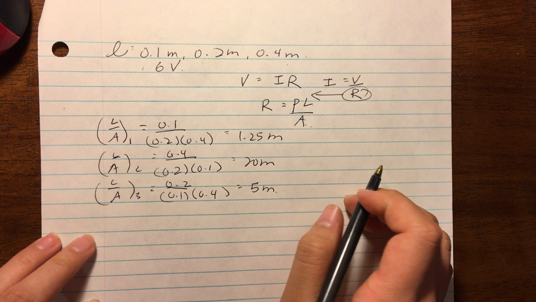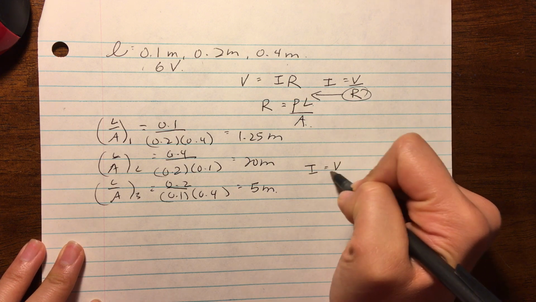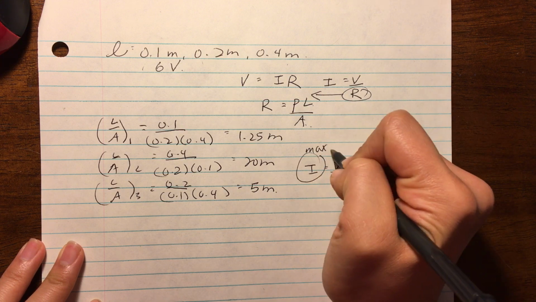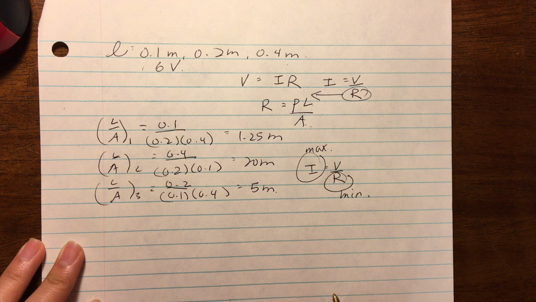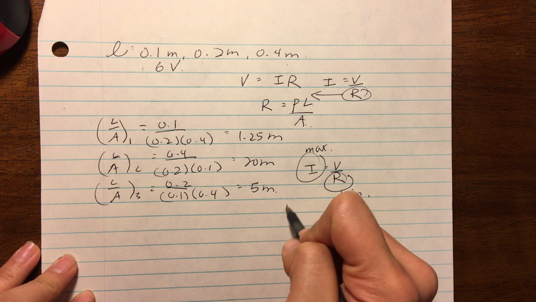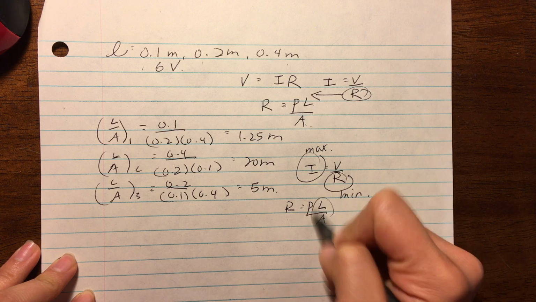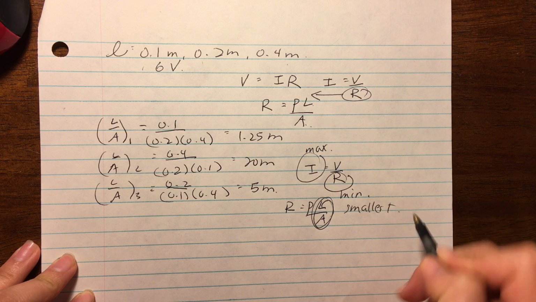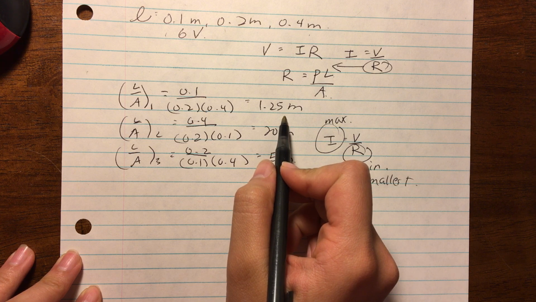Now, when we look at the equation I equals V over R, in order to maximize the current, we need the minimum resistance, which means that in the equation R equals ρL over A, you want this L over A to be the smallest amount. In this case, that would be 1.25.